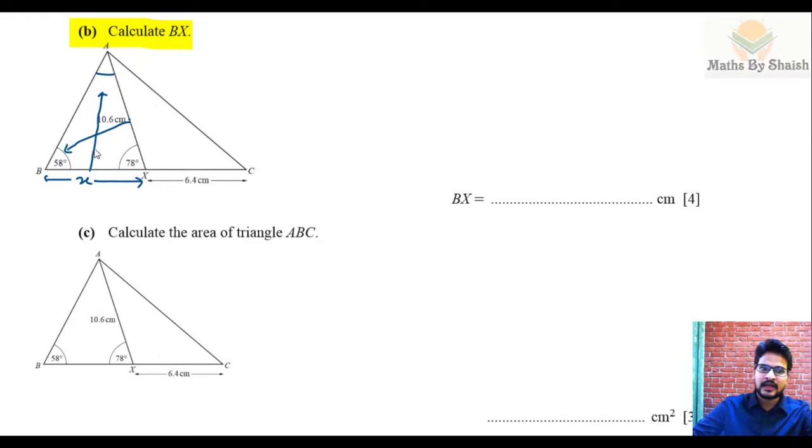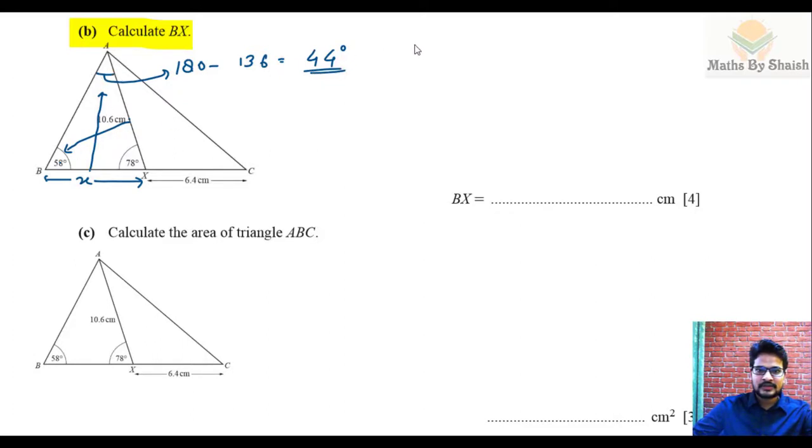So we can use the angle sum property, and this would be 180 minus the sum of these two, 58 plus 78. So it is 44 degrees. So this angle is 44. Now we can use the sine rule.